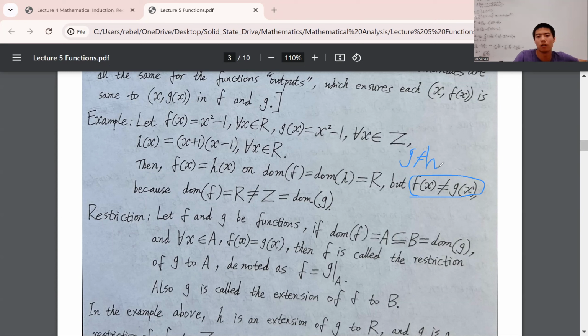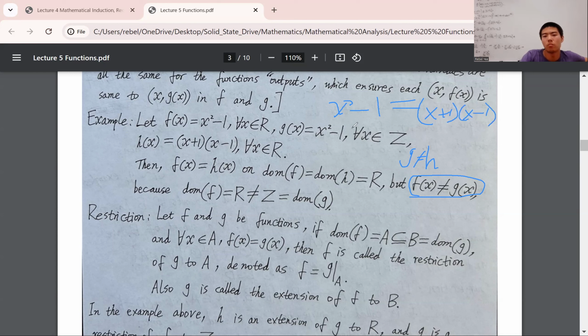And we find that g must not equal h because the domain is also not the same, right? But how can we say f is equal to h? Is it possible? Their domain is the same, so it passed the first condition. What about the second condition? For all of the elements in R, x squared minus 1 is equal to (x plus 1)(x minus 1).